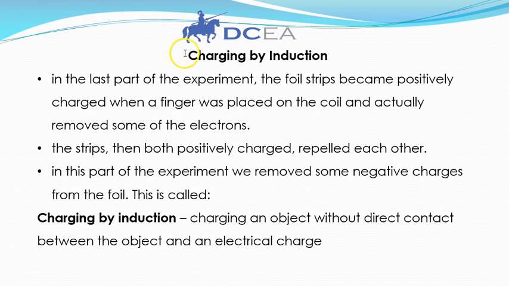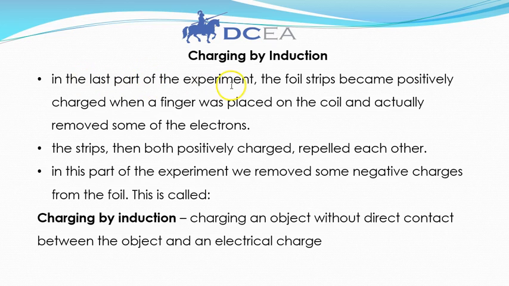So what happens when something is charged without an electrical object touching it? The first part of the experiment had an electrical charge from the balloon that caused a flow.